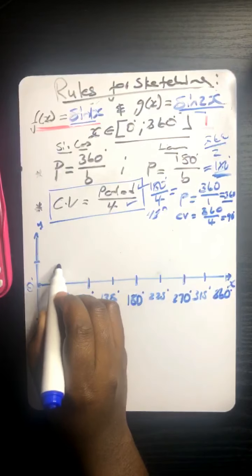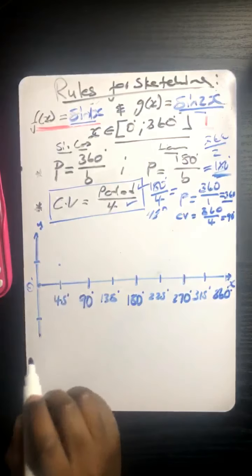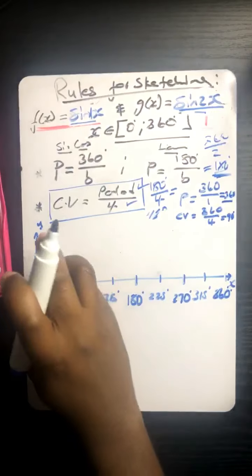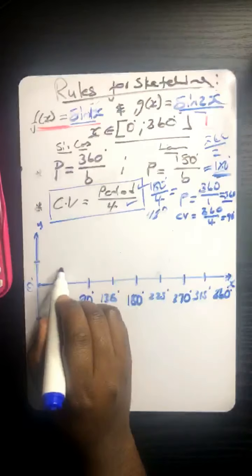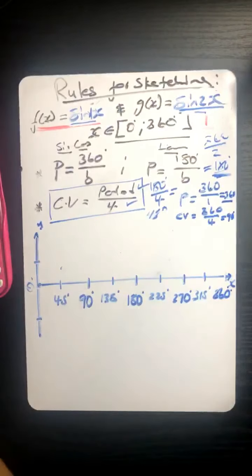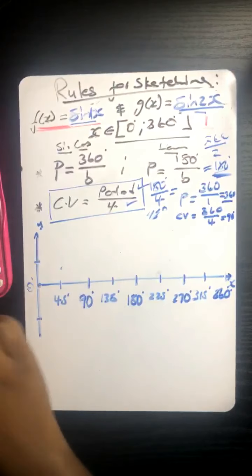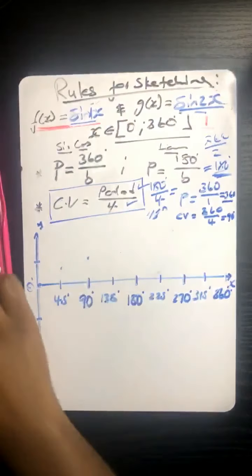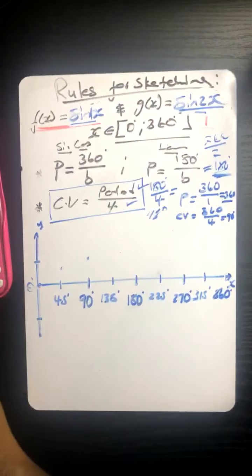So you can just say it's maybe a positive 0.7, somewhere there. Then you go for 90. For 90 it is 1, and 1 is there.